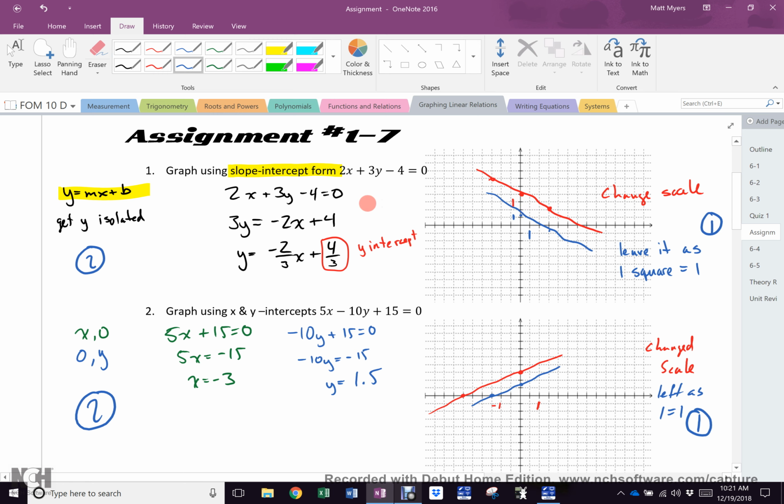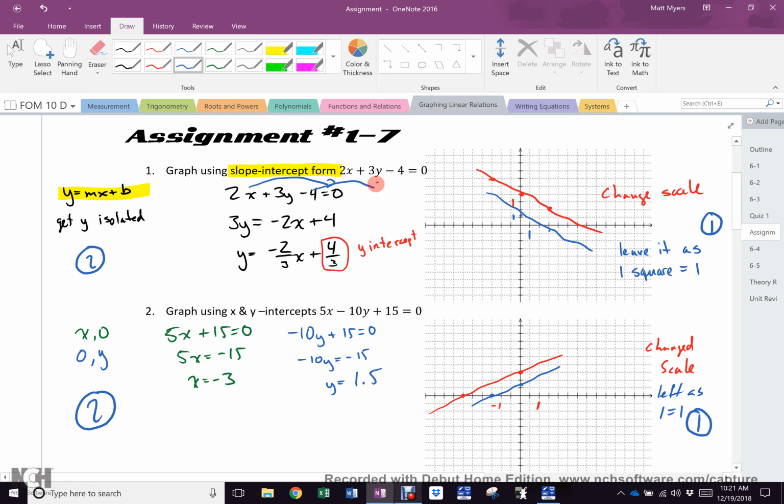Anybody need any more explanation as to how number 1 worked? Going once. Going twice. Going thrice. It's out of 3. You isolated y to get it into slope-intercept form. So you did algebra. You brought the 2x over, which made it negative.